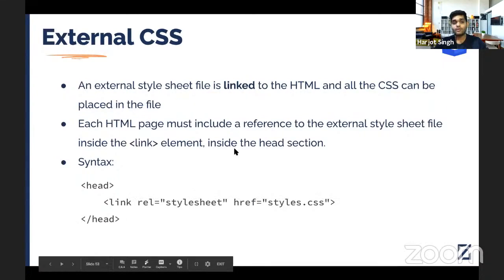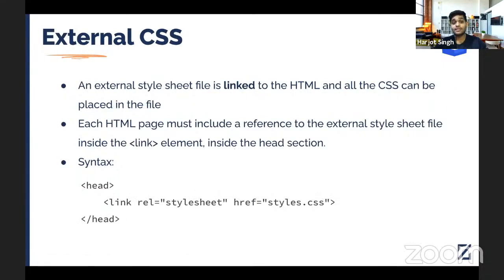And now, my favorite, external CSS, mostly used. This concept is used in different frameworks as well, like React. What we do is we create an external file, save it as a .css file, which is basically the cascading style sheet file, and add all the CSS code inside it.